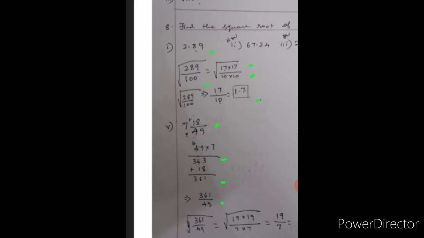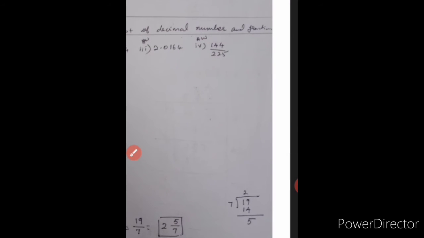Square root means out of two numbers take one number. 19 by 7. As the question is in the mixed fraction, you also convert into the mixed fraction by dividing the number. That is 7. 7 2s are 14. 19 minus 14 is 5. So you have to write 2 5 by 7 as your answer.